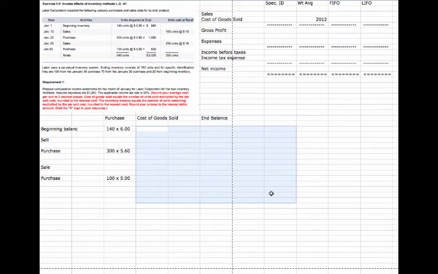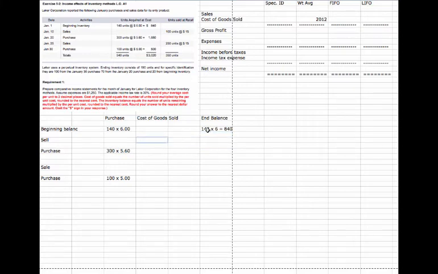FIFO, on the other hand, is first in, first out. So if that's the case, my ending balance after my purchase here is I still have 140 items times 6, which is going to give me $840.